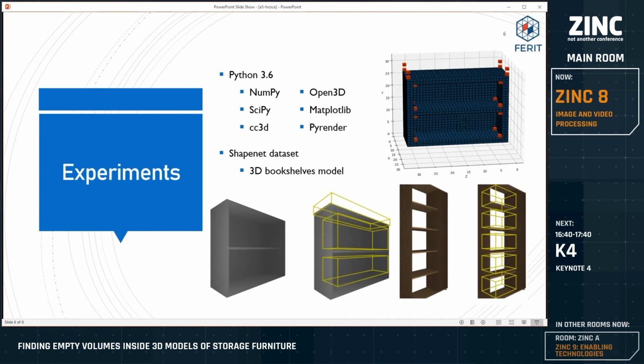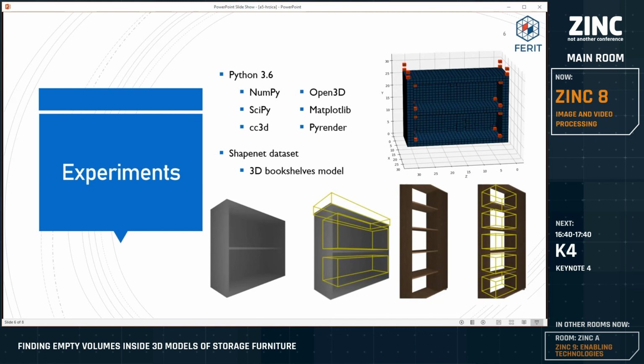And here you can see 3D bounding boxes of annotated storage volumes. Note that on top of the shelf, the algorithm detected this as suitable for storing objects. That is because there is enough free space between this top shelf and the ceiling.